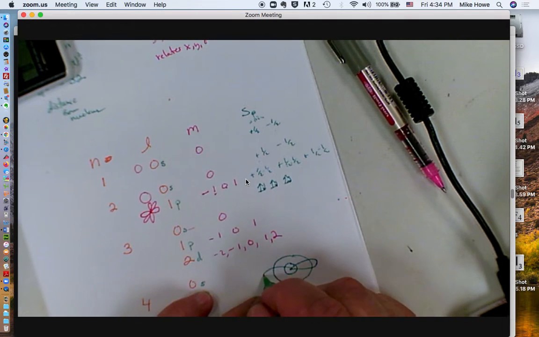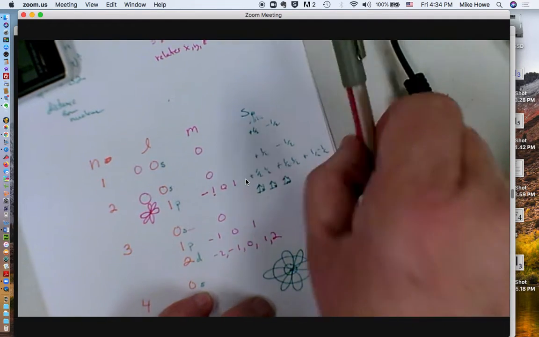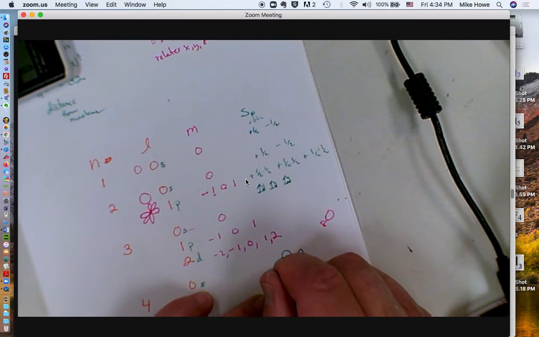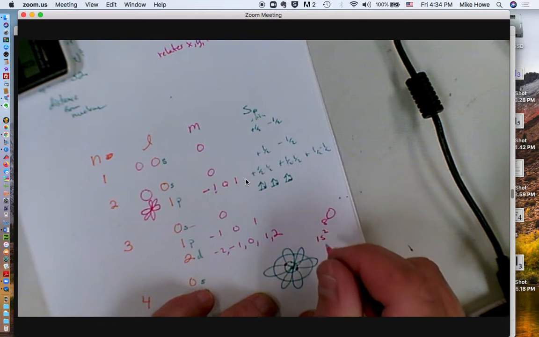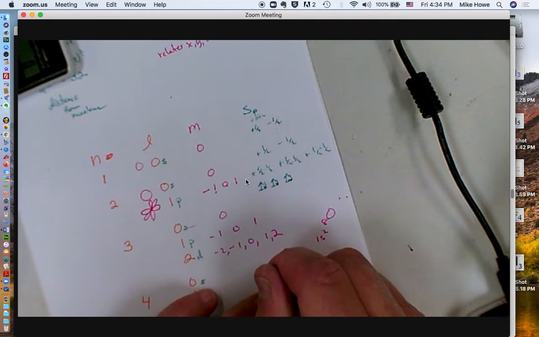It looks like this. In the 1s, since oxygen has 8 electrons, there would be an electron here and an electron there in the 1s, and that would hold 2 electrons. And then in the second energy level, you would have the 2s, and it would have 2 electrons in it.